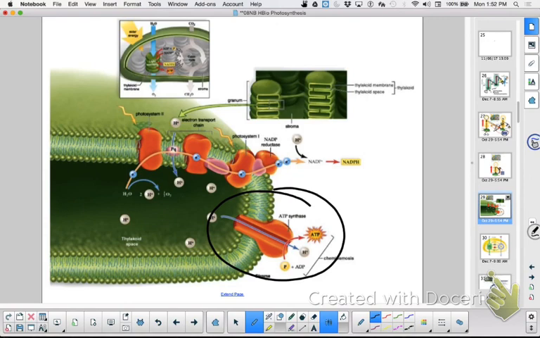Little letter a, hydrogen ions move from a higher concentration to a lower concentration in the stroma using an ATP synthase complex channel. As hydrogen ions use the ATP synthase complex channel, ATP is formed. And that's the notes section.